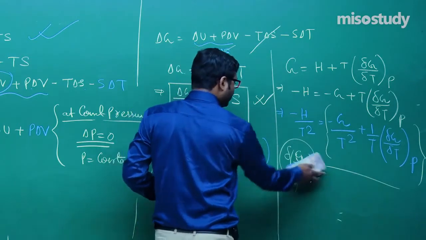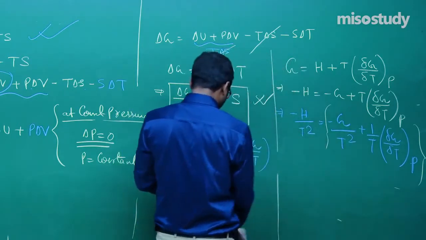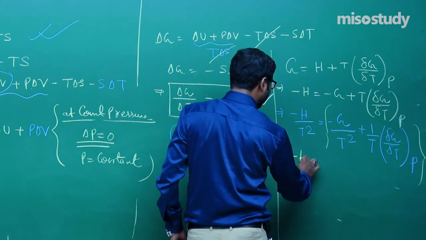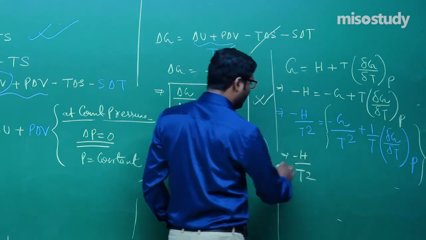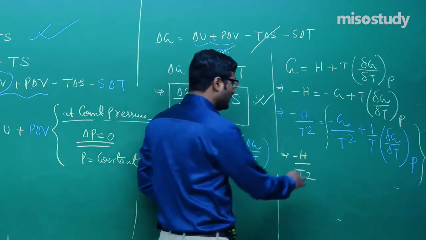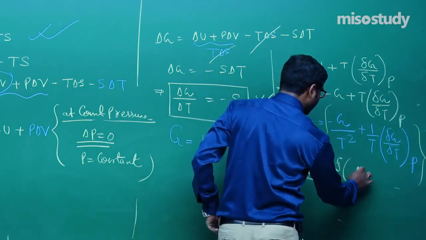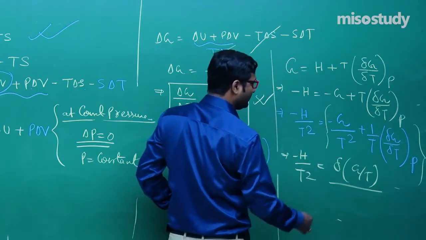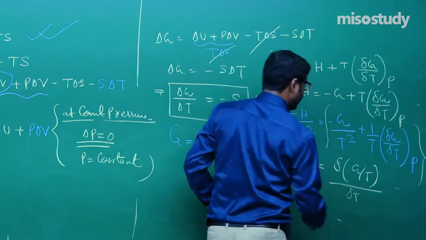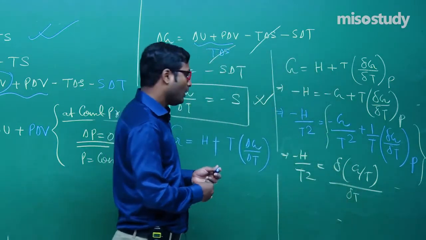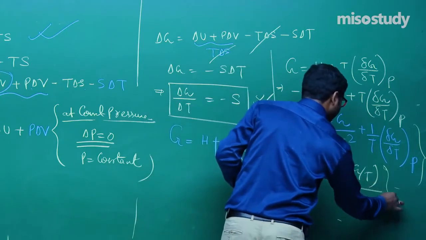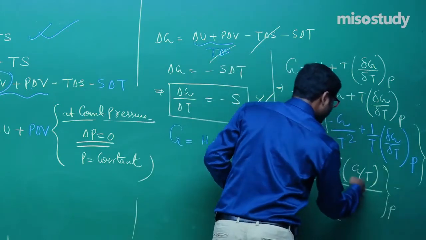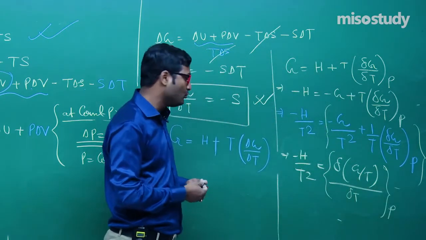So by using the mathematical technique, we can write directly: minus H upon T square is equal to delta of G upon T divided by delta T. Clear to you? This is the differentiation of U by V.